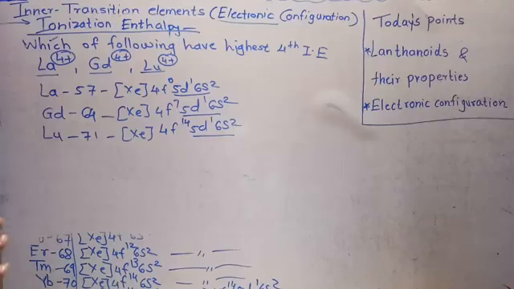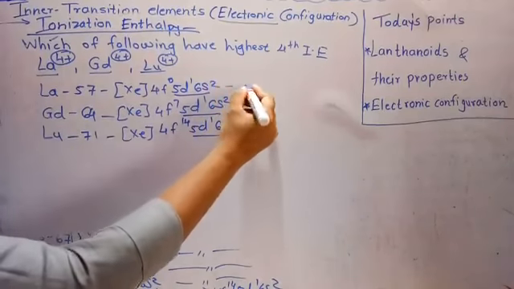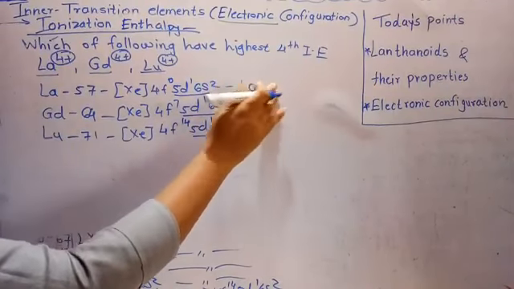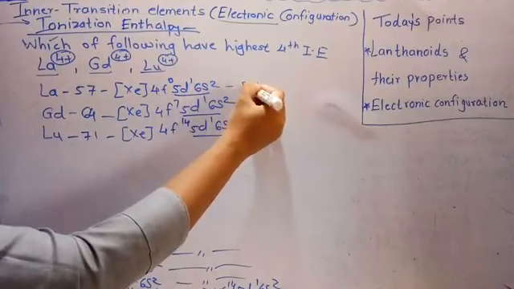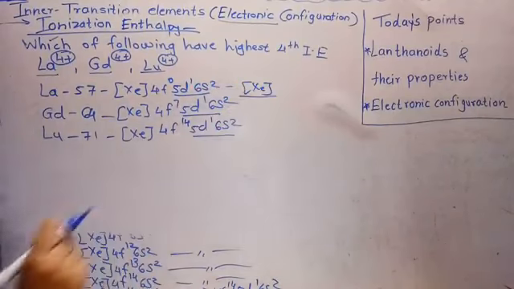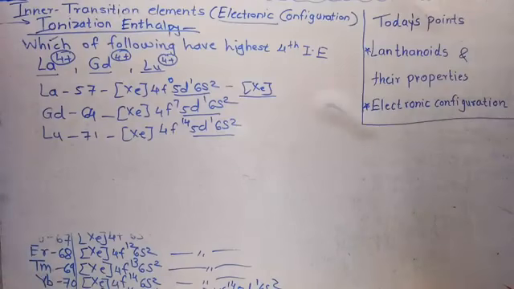After removing the 3 electrons, if you remove the 4th electron, lanthanum shows the electronic configuration of only xenon, and xenon is highly stable.